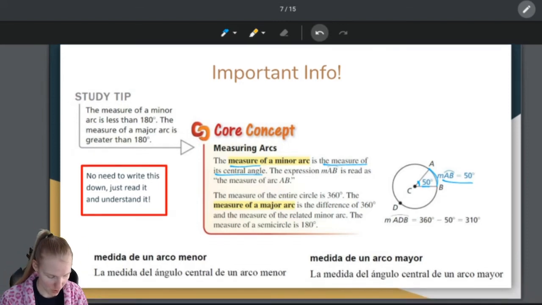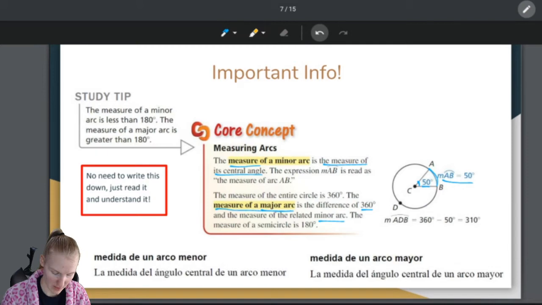And the measure of a major arc is just 360 minus the related minor arc. Because there are 360 degrees in a circle, right? If I turn around, I've traveled 360 degrees.